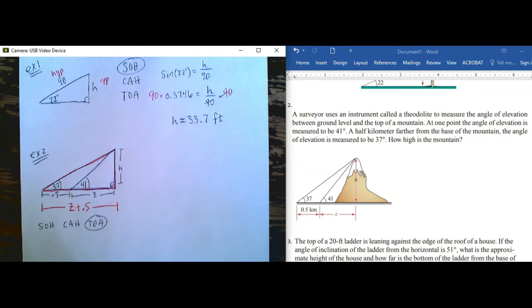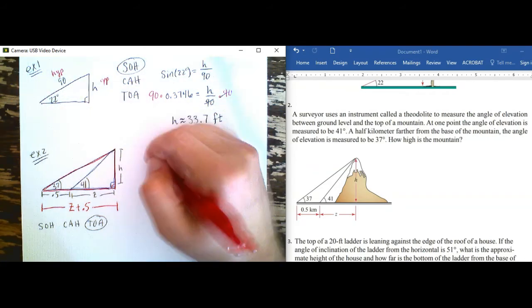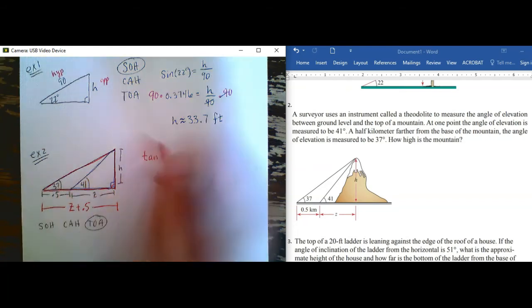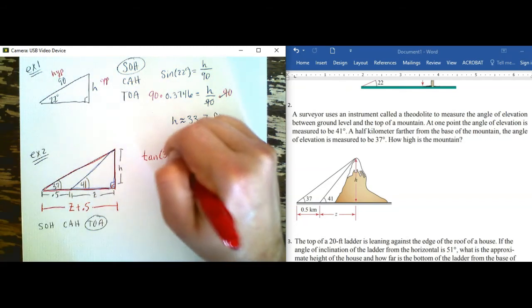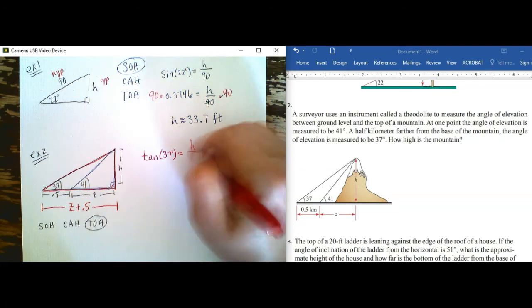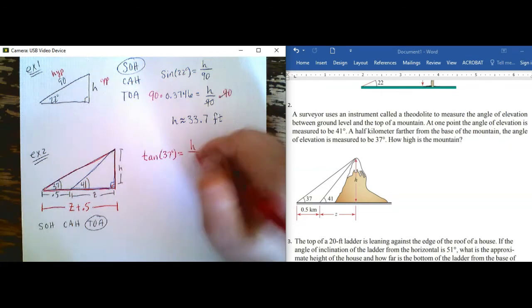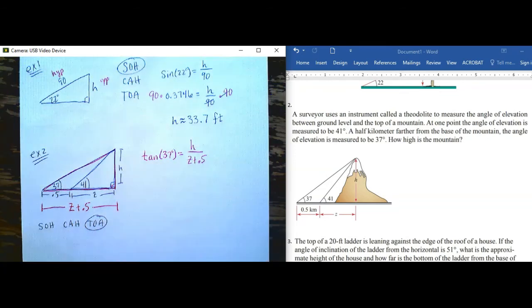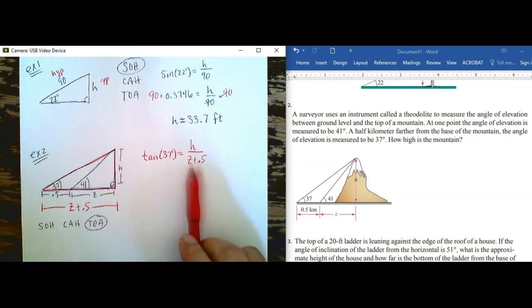So for our big red triangle here, we know that the tangent of the angle in the red triangle, 37, must be equal to opposite over adjacent. Okay. So let's see if we solve this for h.